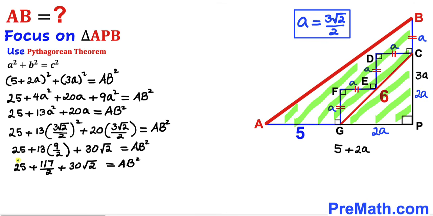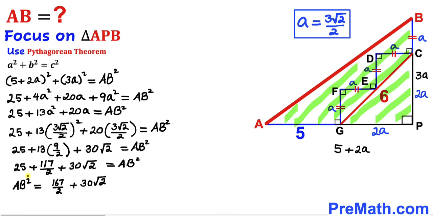And now if we add these two terms, that is going to give us 167 divided by 2. So I can write our AB squared value as 167 divided by 2 plus 30 times square root of 2.